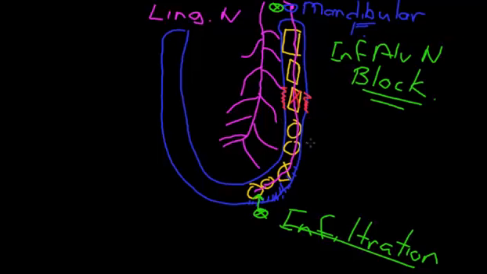On the buccal side, there are two areas of supply. The first is a little branch of this inferior alveolar nerve that comes out through a little foramen just below, somewhere in the region of the 3, 4s and 5s, and it comes out and supplies the chin area.